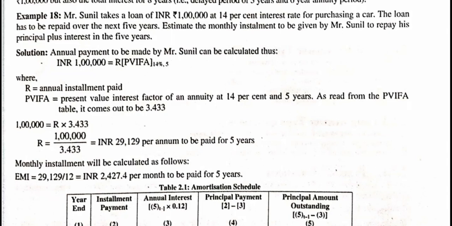To calculate this, we need to calculate the annual payment first. The annual payment to be made by Mr. Sunil can be calculated like this: INR 1 lakh he has taken is equal to R into PVIFA(14%, 5 years), where R is the annual installment payment and PVIFA is the present value interest factor of annuity at 14% and 5 years.